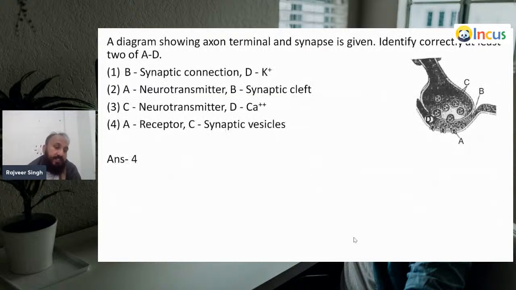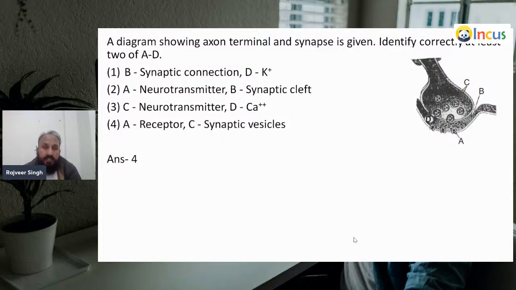Next question. This is a very important question from the point of view of the synapse. So a diagram showing axon terminal and synapse is given. Identify the correct labels of at least two of A to D. So B is the synaptic connection and D is the potassium. A is the neurotransmitter and B synaptic cleft.